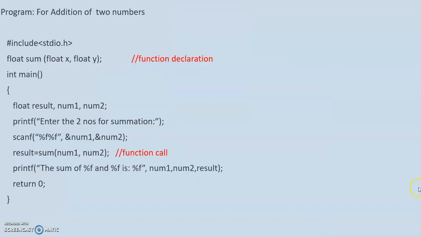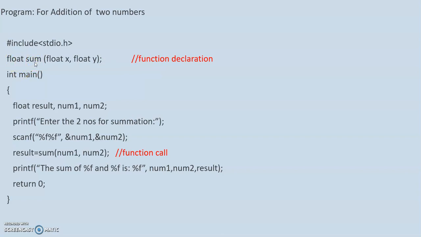Here we have written a program to add two numbers using a function. We start with #include <stdio.h>. Now, float sum(float x, float y). This is the function declaration. What is float? It's the return type.